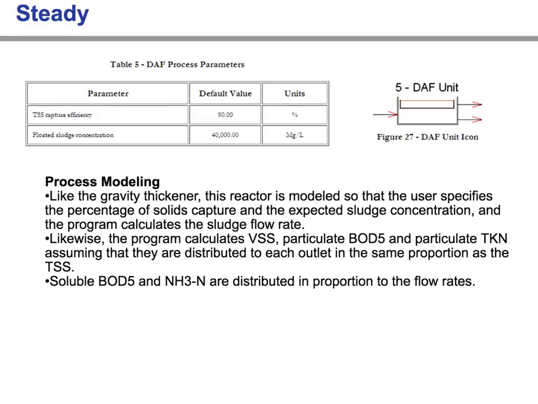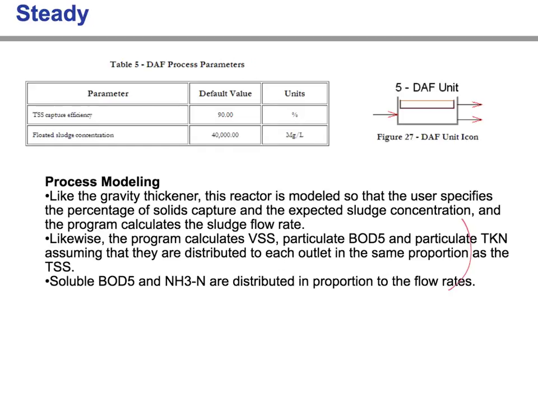DAF, although the mechanism is different from the gravity thickener, the calculation is pretty much the same as the gravity thickener. So this reactor is also modeled so that the users can specify the percentage of the solid capture and the expected solid concentration.